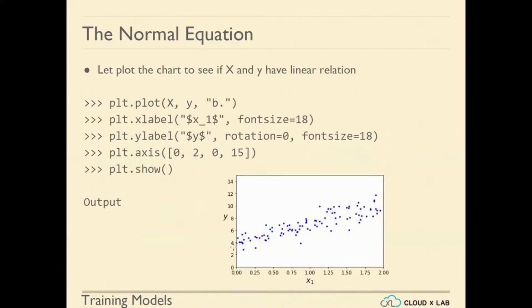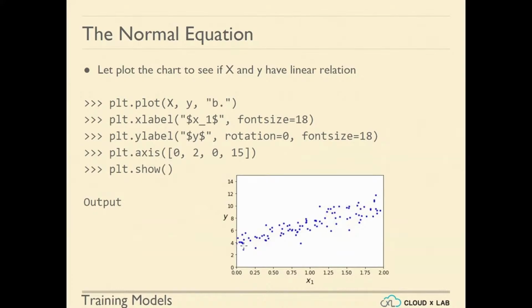As you can see here, these 100 data points are satisfying a linear relationship, right? So you can fit a linear model for these 100 data points. And these data points are not perfectly aligned along any line.